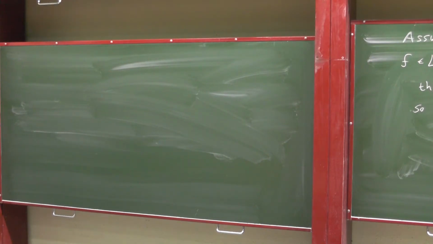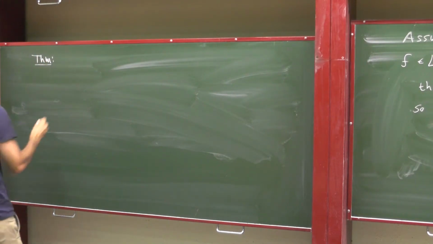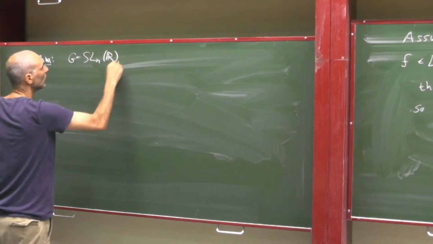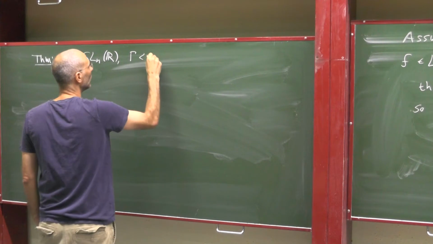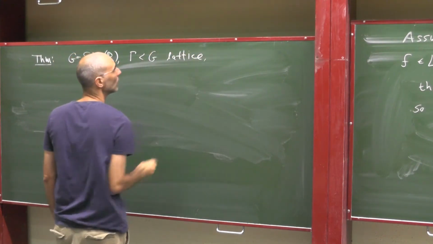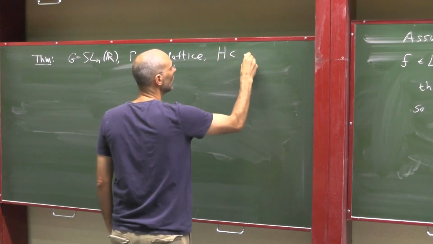And this can be reversed. Third, again, G is SL_n, gamma a lattice, H in G not compact.